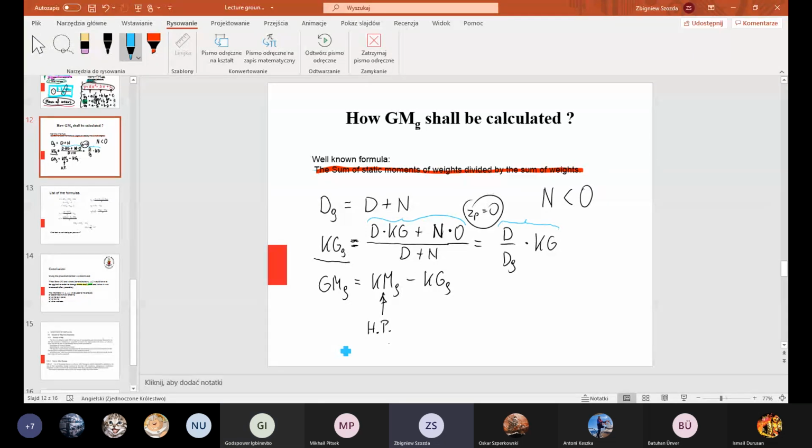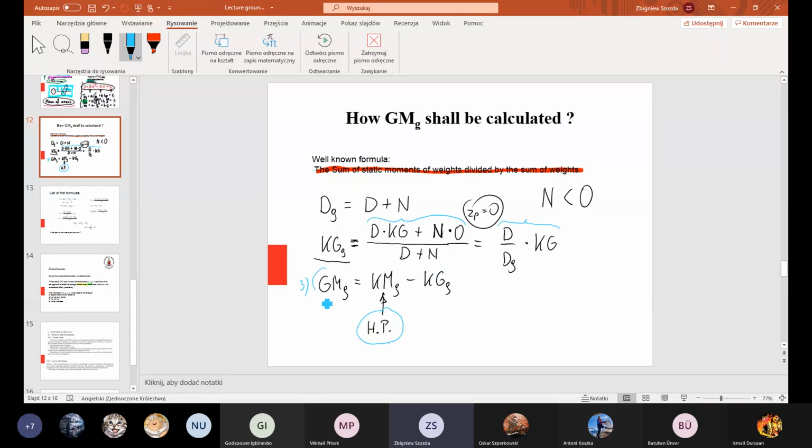So very good. Done. Because the last stage, stage number 3, God's power talked about, it is just kmg, that is taken from the hydrostatic table, from hydrostatic particulars. You have to read the number and deduct the vertical position of the center of gravity after grounding.